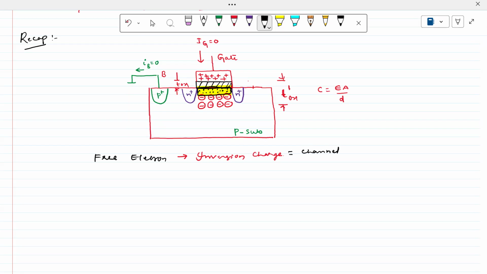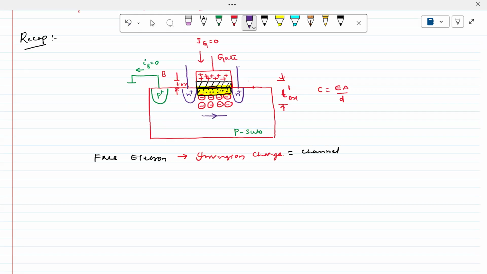Now let us apply the potential difference here. Let us take one terminal here and another terminal here also. I want to push the electrons from this side to this side.